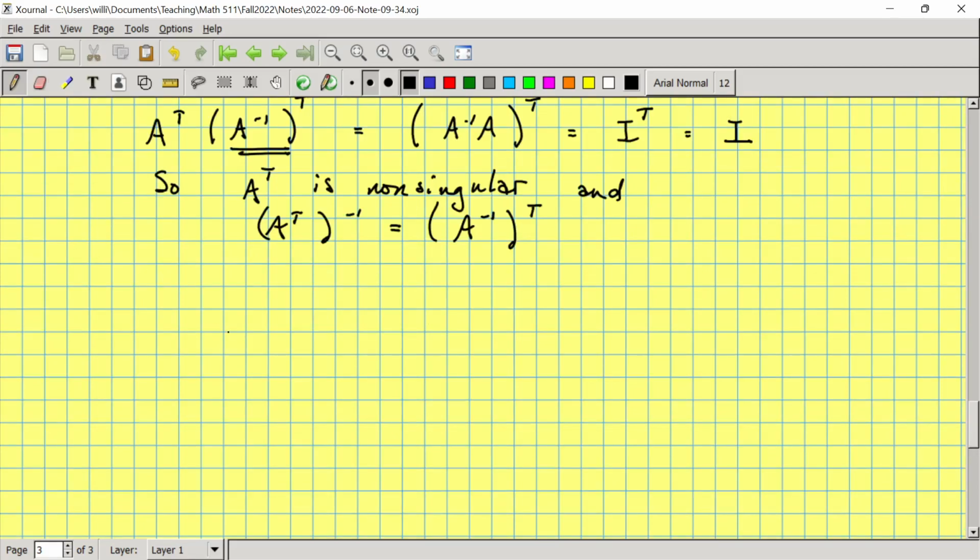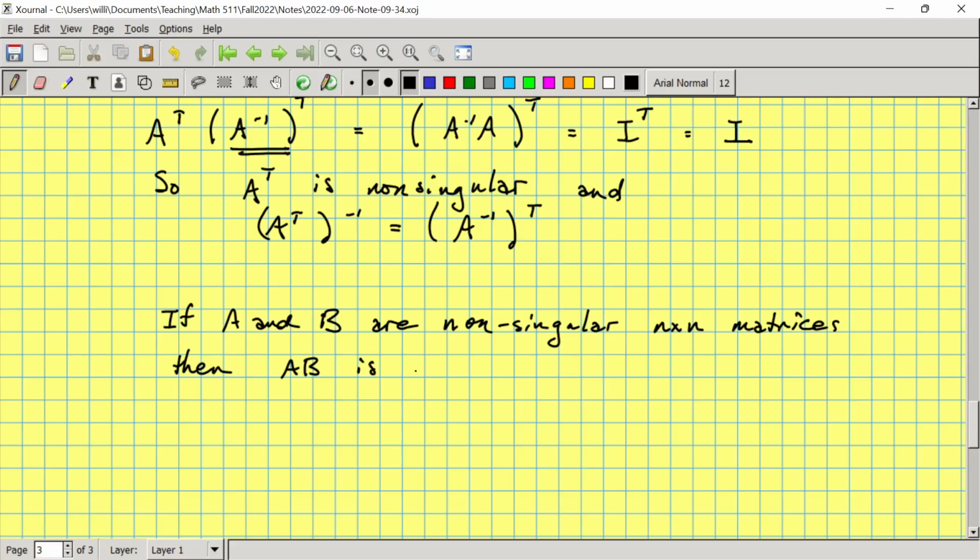If A and B are non-singular n by n matrices, they both have to be the same size, then A times B is non-singular.